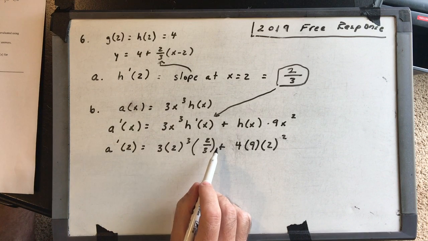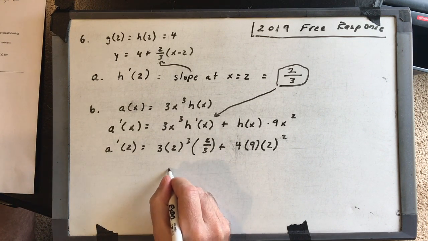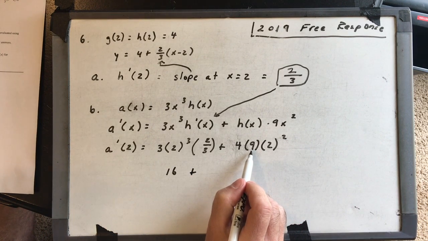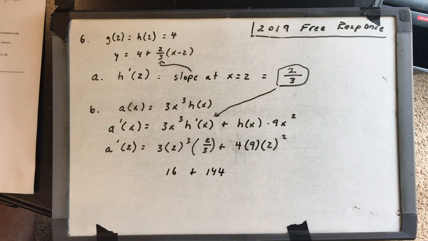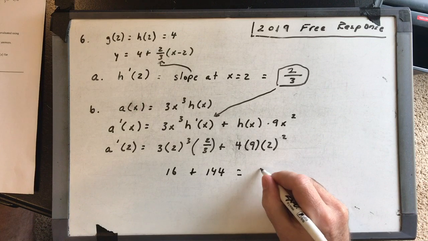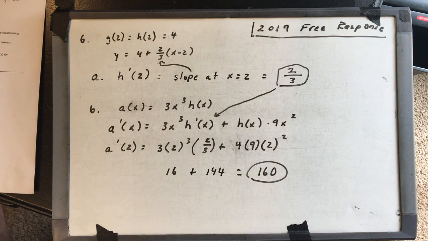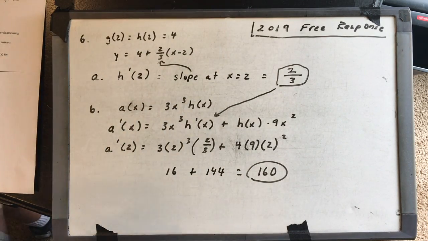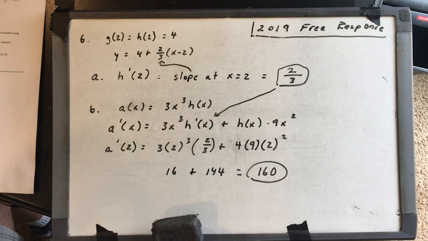Okay, so that's going to be 8 times 3 is 24, times 2/3 is 16. And then 4 times 9 is 36, times 4 is 144. You're going to be able to have a calculator on the test, so you won't have to do all this in your head. So that is 160. Okay, those two are certainly doable and worth going over, to remind you about the slope of the tangent line and about the product rule.